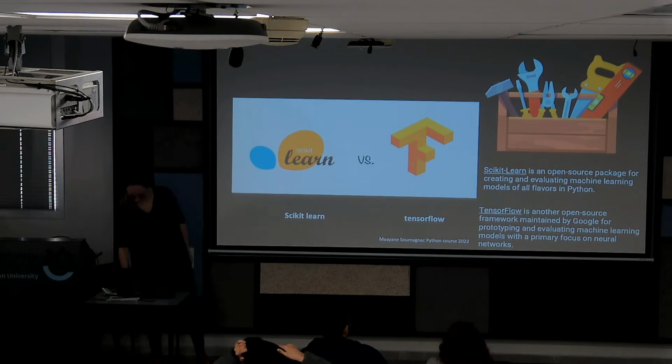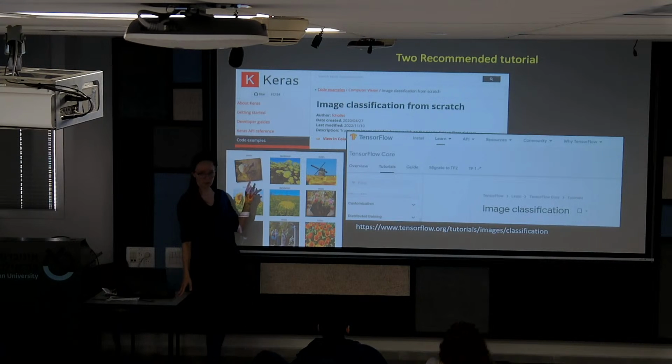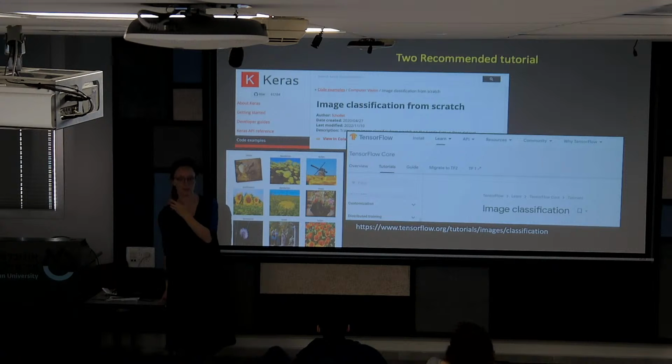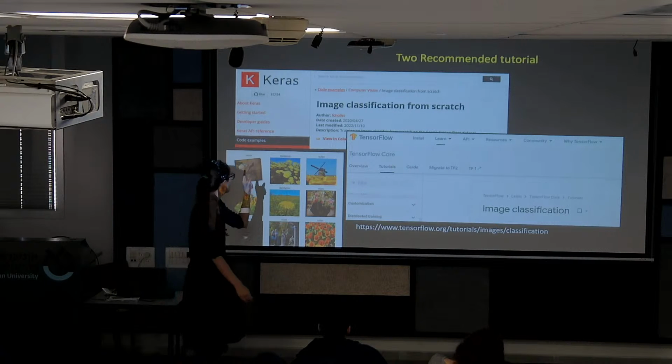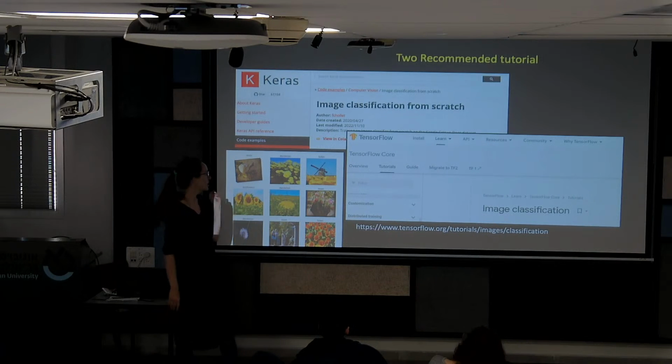There are two very good tutorials that I recommend. I'm now focusing on TensorFlow. Keras is the wrapper of TensorFlow that is used in Python. These are two very good tutorials for just starting with image classification.